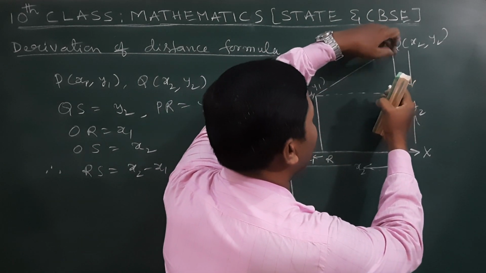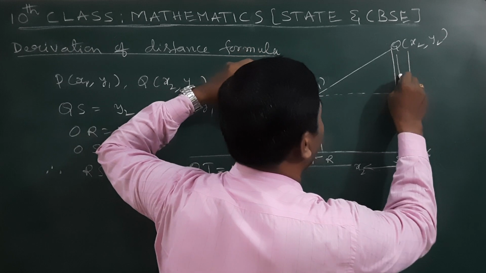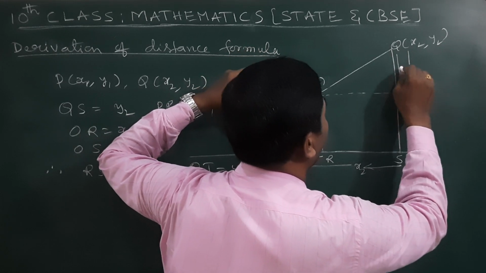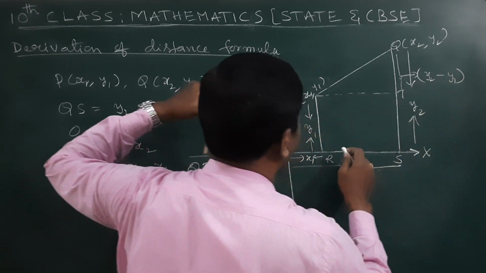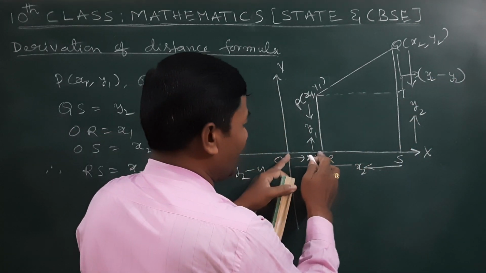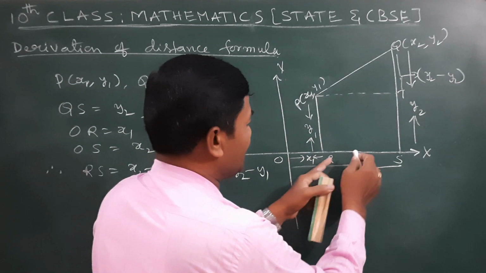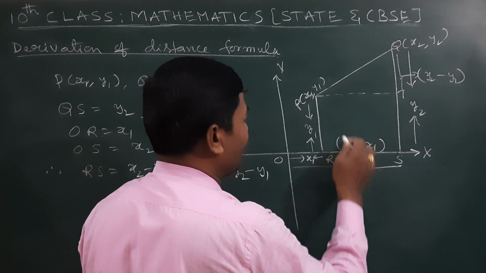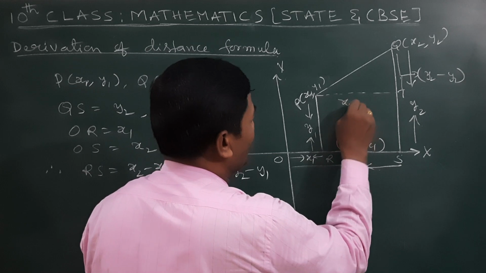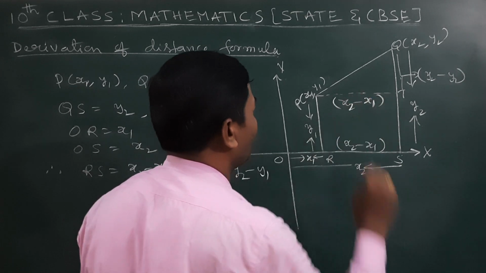Therefore you want to find out this length only, which is nothing but Y2 minus Y1. This length is X1, this length is X2, therefore this length is X2 minus X1. It's a rectangle, so it is also X2 minus X1.